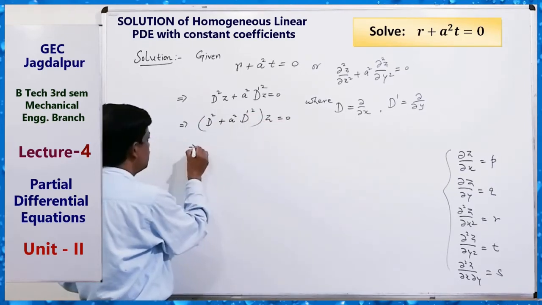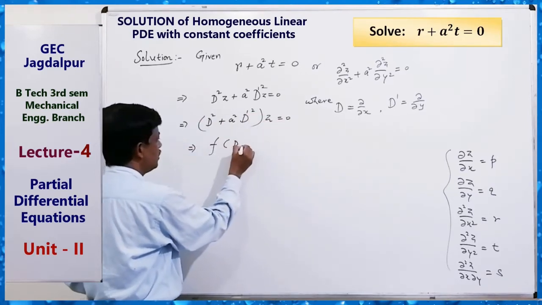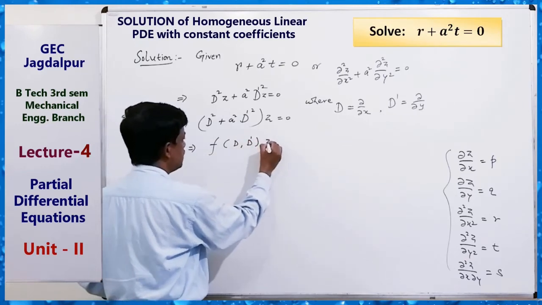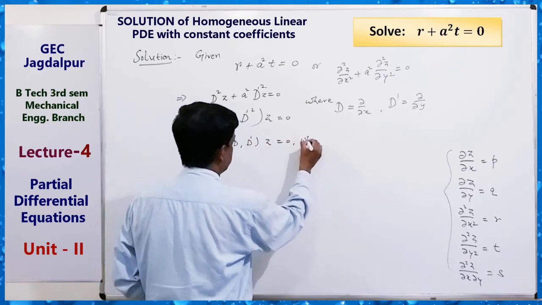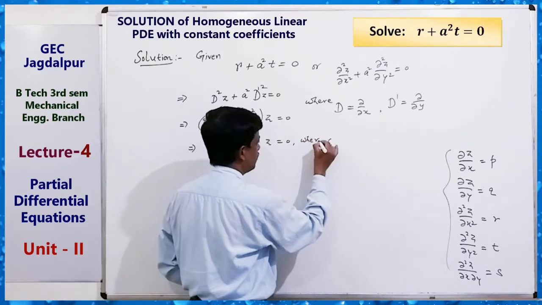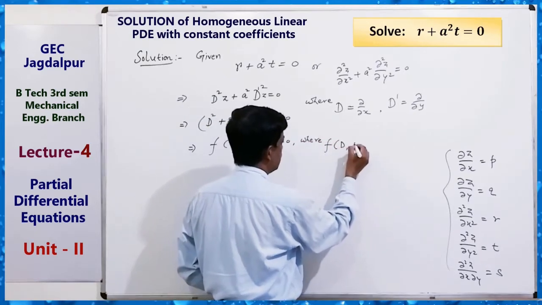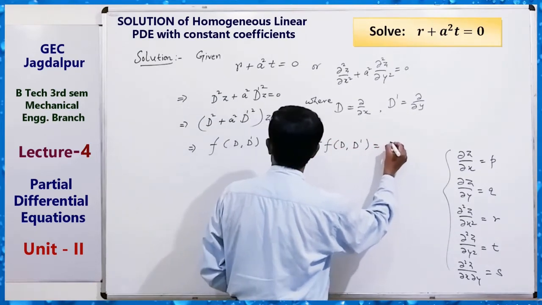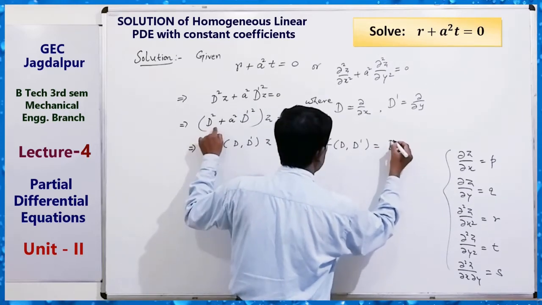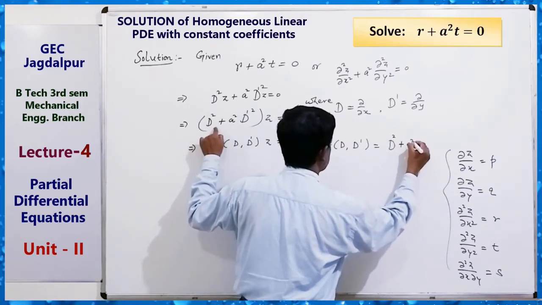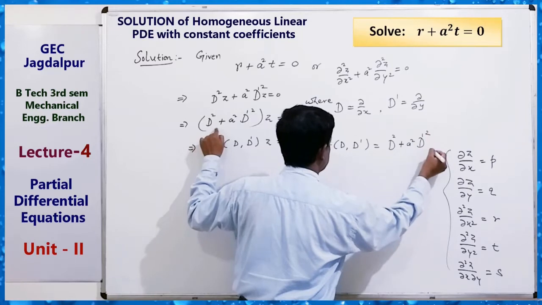That is, f(D, D') z equals 0, where f(D, D') equals D² + a²D'².